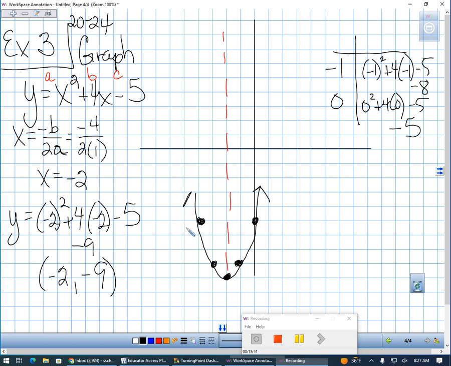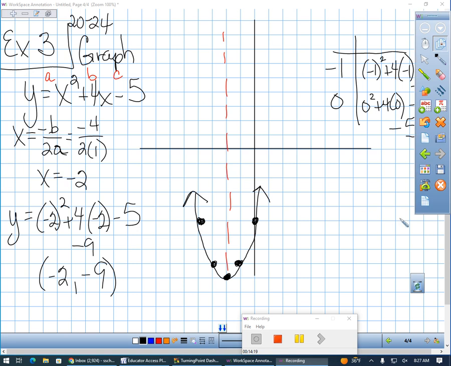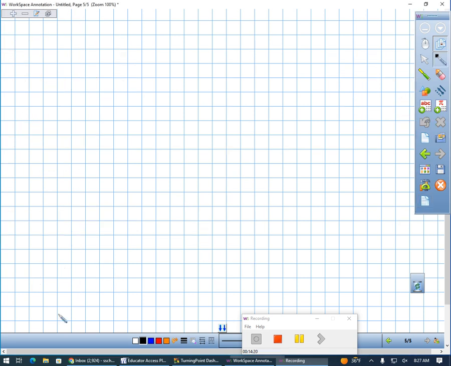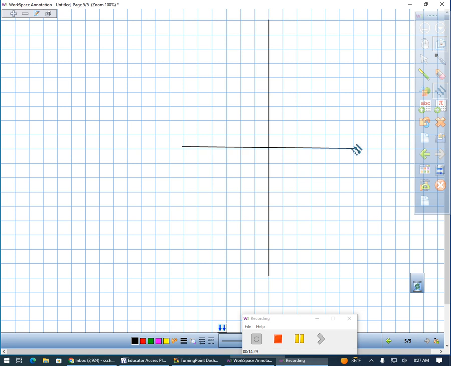All right, let's do example number 4. Let's do another one. All right, so go ahead and put one more, the big sticky in there. All right, it's going to be example number 4. Again, we're going to graph.